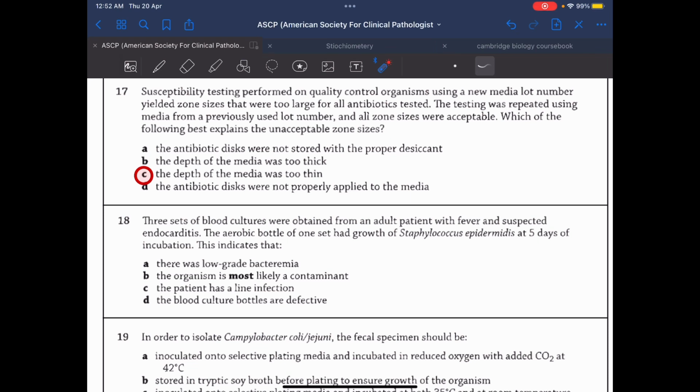The fact that only one bottle of one set was positive, and that the bottle didn't become positive until day 5 of incubation, indicates that this isolate is most likely a contaminant. So the correct answer is B.